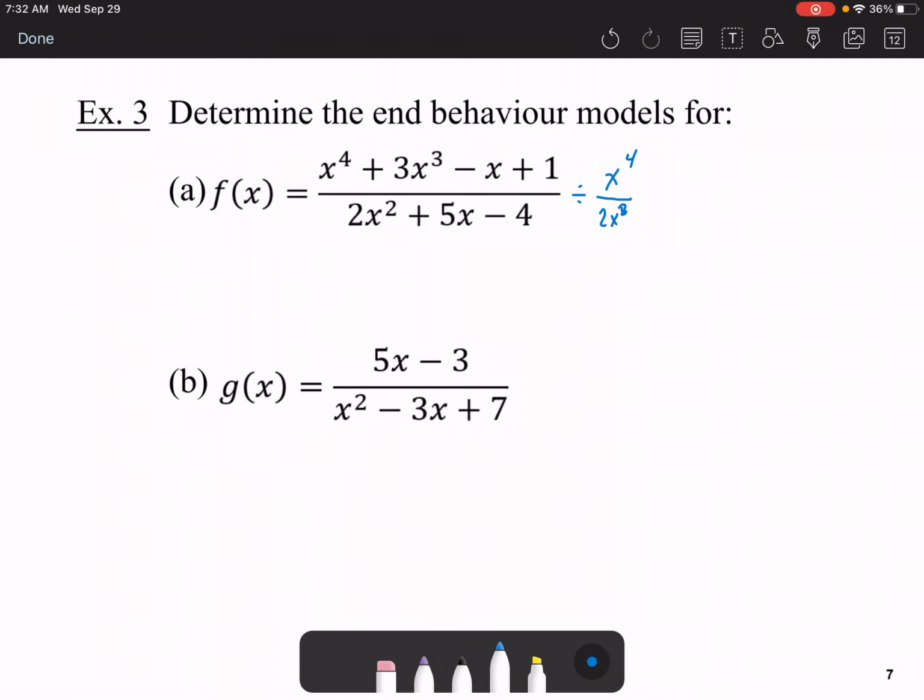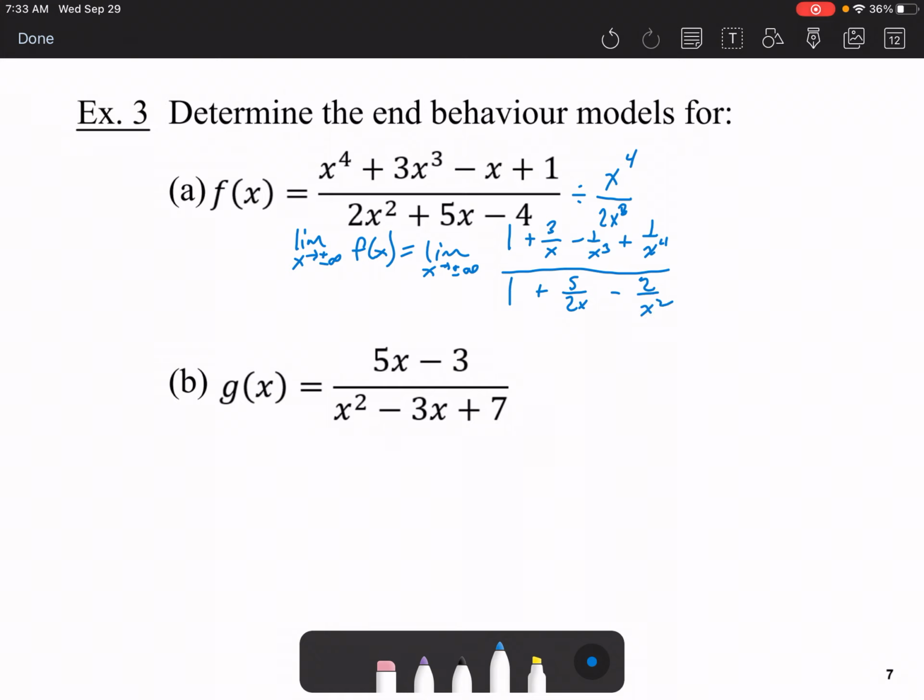So the limit as x approaches plus or minus infinity for this function f of x is actually going to turn out to be the limit as x approaches plus or minus infinity of 1 plus 3 over x minus 1 over x cubed plus 1 over x to the 4, all over 1 plus 5 over 2x minus 2 over x squared.